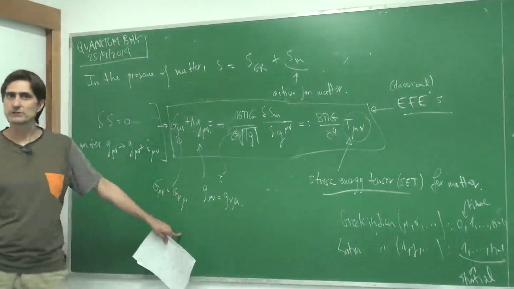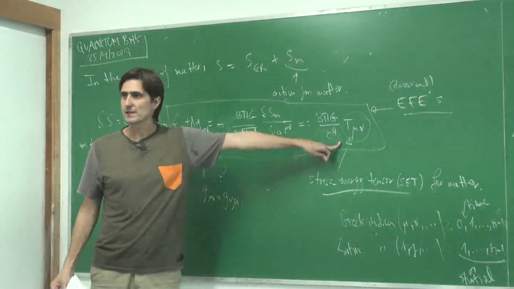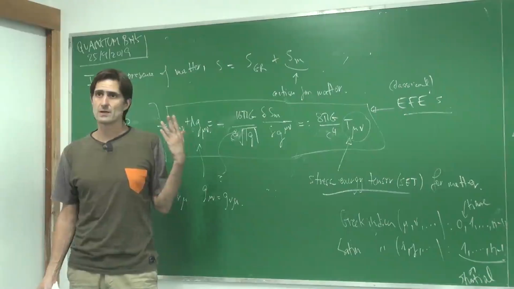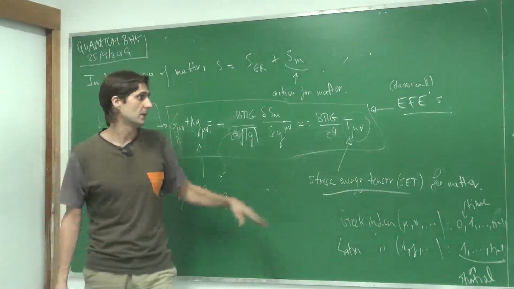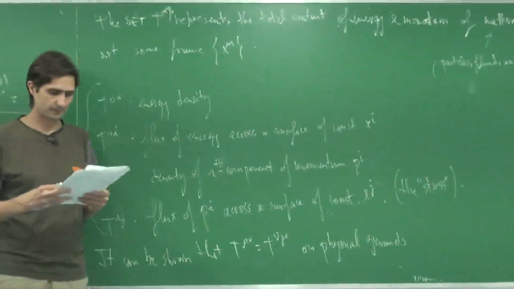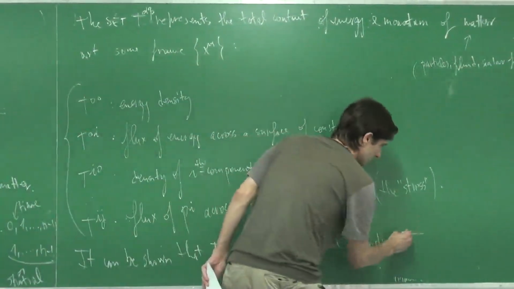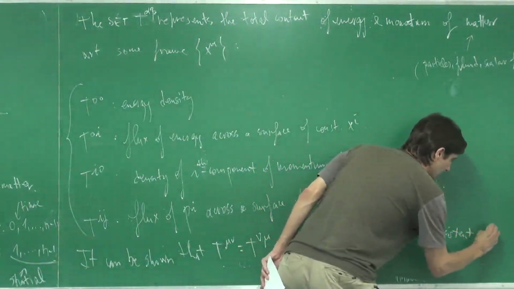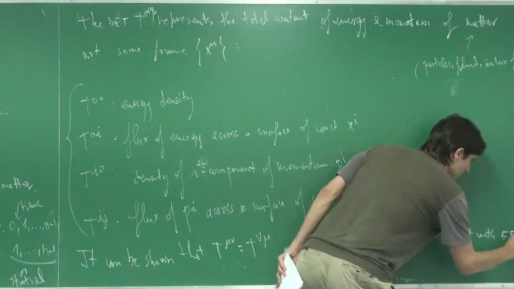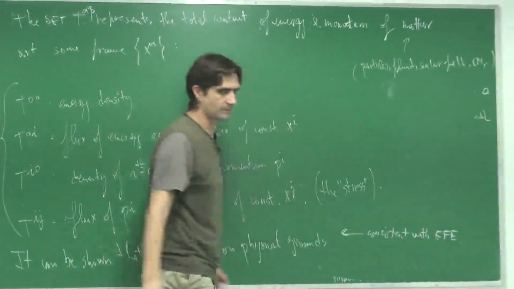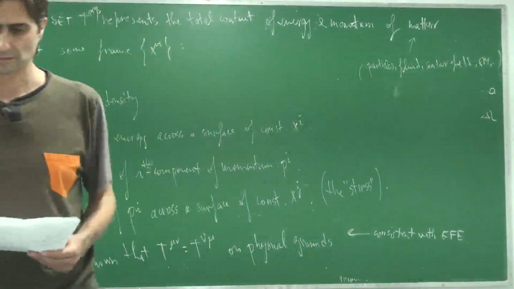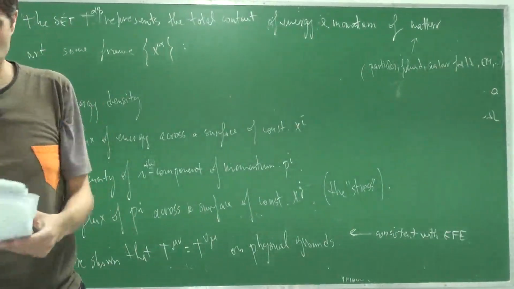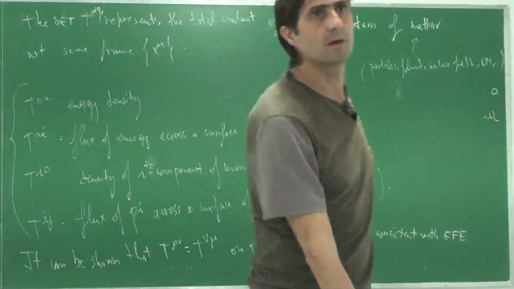So your left-hand side is symmetric, so you want your right-hand side, if it is meant to source a gravitational field within general relativity, to be symmetric as well. Okay, so this is consistent with the Einstein field equations. Any questions?